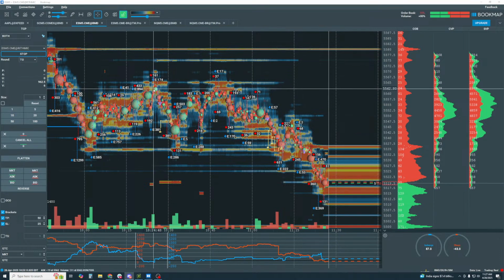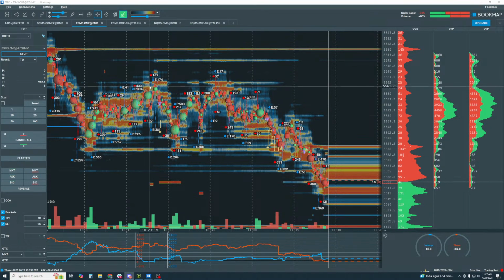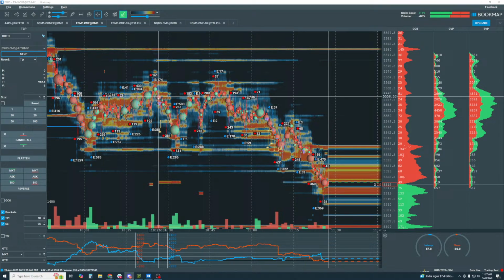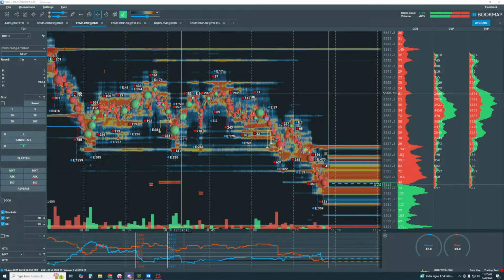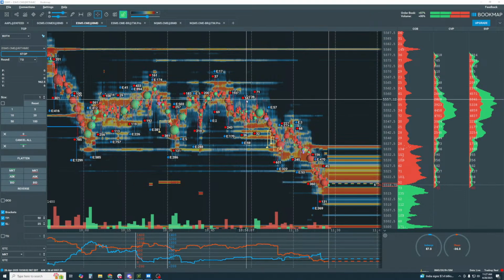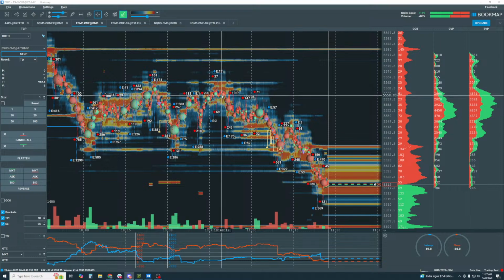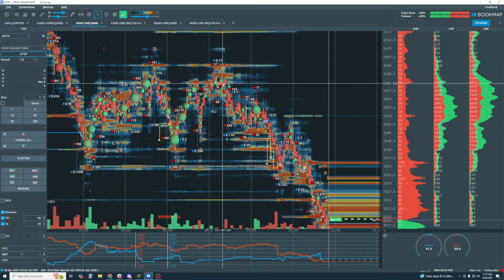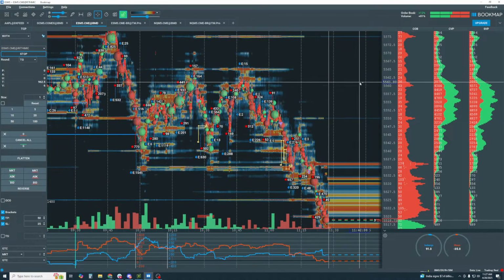We're looking for liquidity to fill at those key levels. We're looking for a potential reversal maybe, or continuation at these levels as well. And then we're looking at the order flow for the setup. So we saw a couple of good ones and took advantage of that.